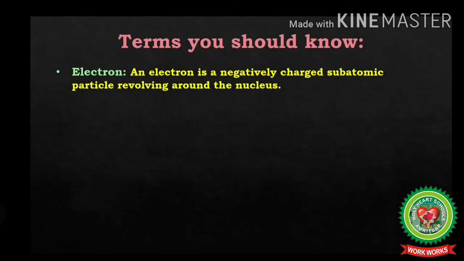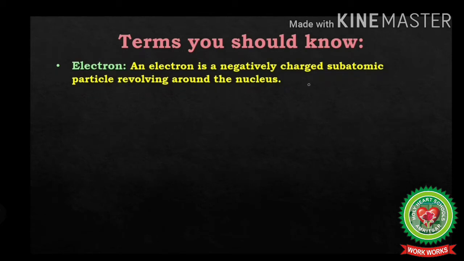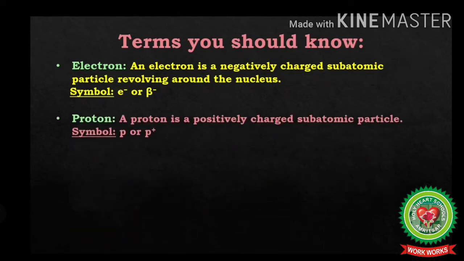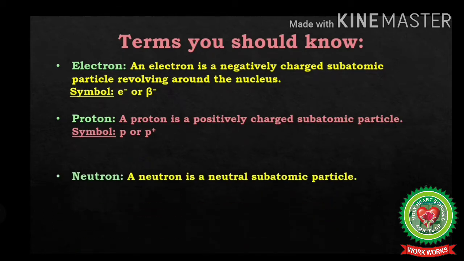The first term you should know is electron. An electron is a negatively charged subatomic particle revolving around the nucleus, and its symbol is e negative or beta negative. Proton. A proton is a positively charged subatomic particle and its symbol is p or p positive.